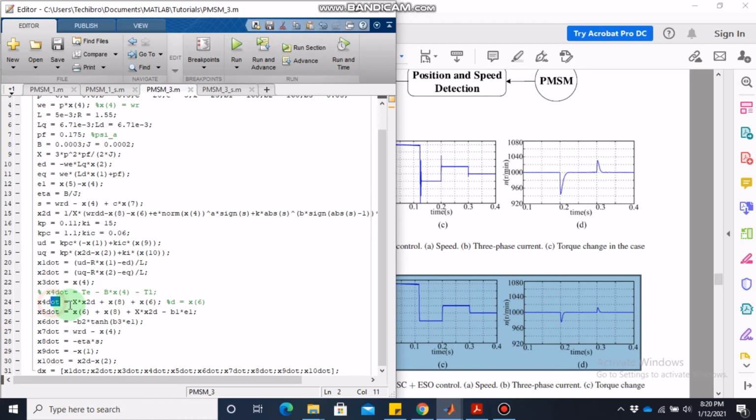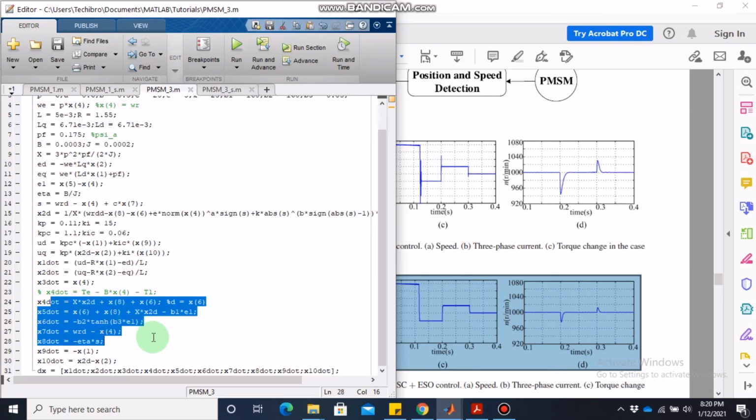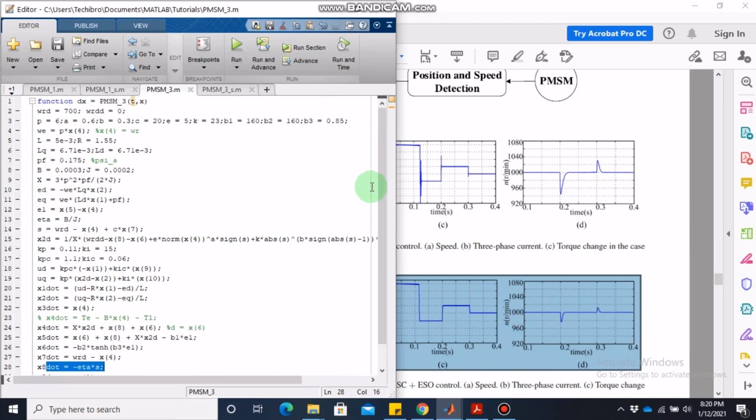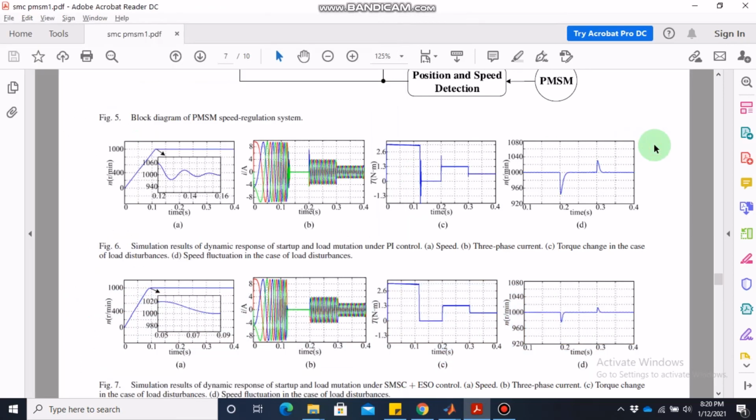For example, states number 5 and 6 are for observing the disturbance torque and so on. States number 7, 9 and 10 are integrator states. State number 8 is the dynamics of your uncertainties. So this is basically the simulation of permanent magnet synchronous motor.